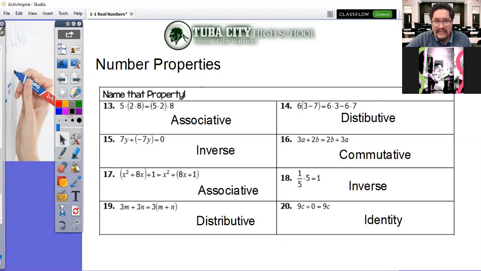It was 9c to start with, and it stayed 9c, so nothing happened. Anyway, those are all of the properties that we have here, and that's pretty much it. I'm going to move on over to the next one.